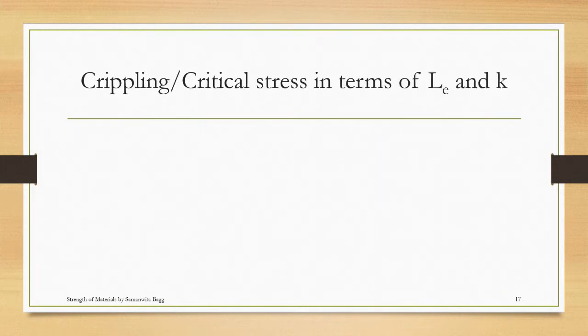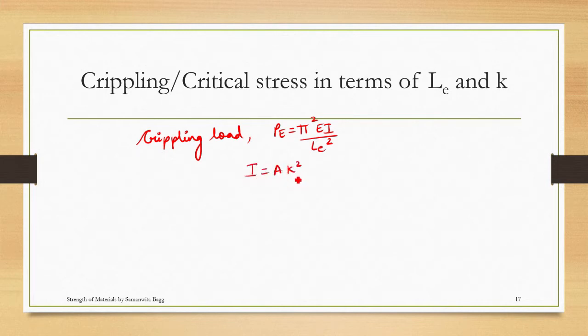Next, we'll talk about crippling or critical stress in terms of effective length and radius of gyration. We know the formula for crippling load or critical load, as you can call it: PE is pi square EI upon LE square. Also, we know the formula for moment of inertia in terms of radius of gyration: I is A K square.